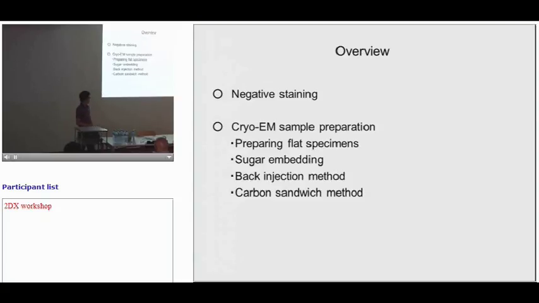The second one is cryo-EM sample preparation, aiming at higher resolution. There are two important developments in cryo-EM sample preparation: preparing flat specimens and sugar embedding. And later I'll be talking about two practical sample preparation techniques, which are the back injection method and the carbon sandwich method.